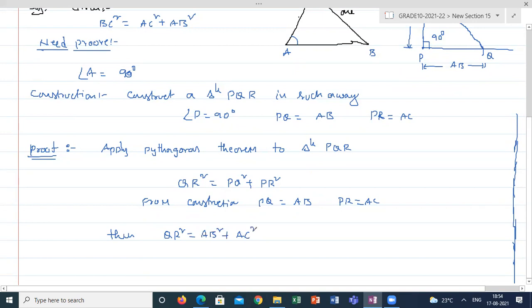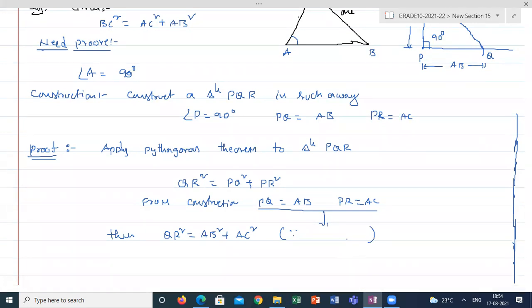Is it clear, guys, how I got AB square plus AC square? Is this step clear?